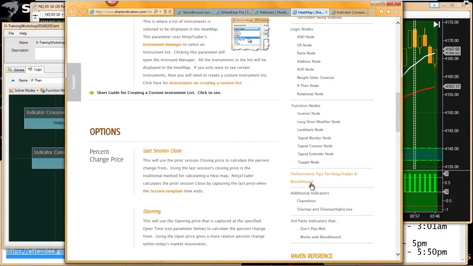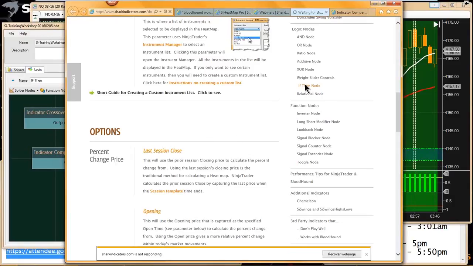I'm going to scroll down to logic nodes. There we go. Here's the if-then node under the logic nodes. And it looks like my browser locked up.